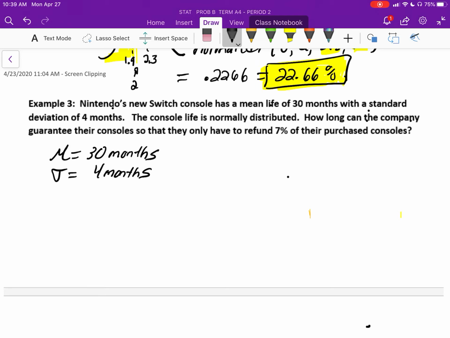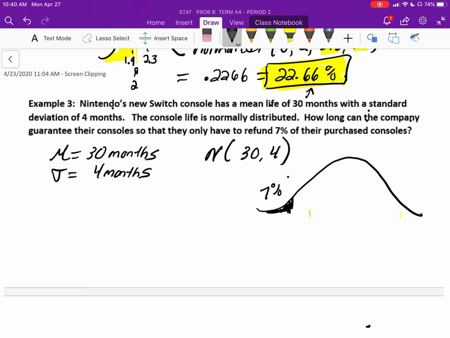So we're going to look at this a little bit differently. We know that the mean is 30 and the standard deviation is 4. And they want that percent, like we did up here, to only be 7. So if you think about it, they just want this much. They want this little chunk here to be 7%. And we want to know what goes there.